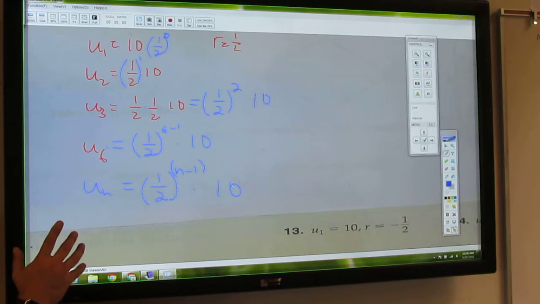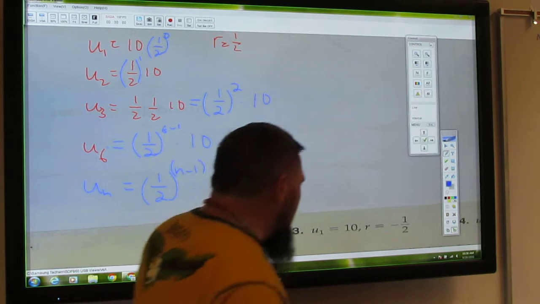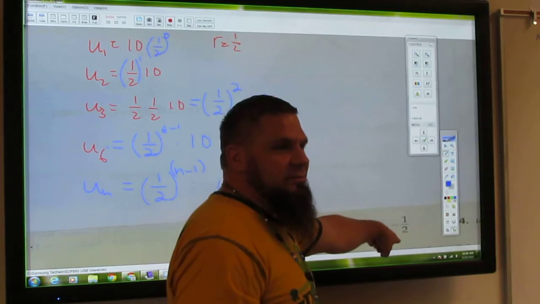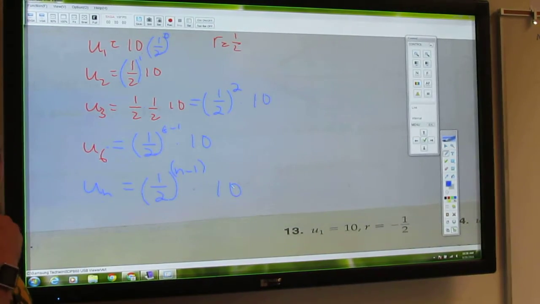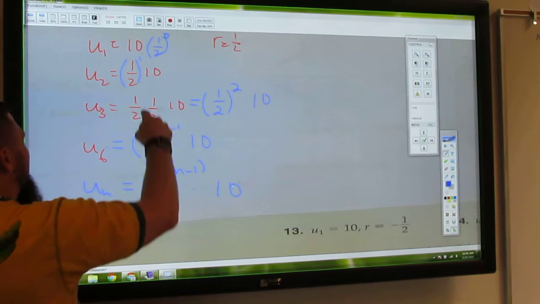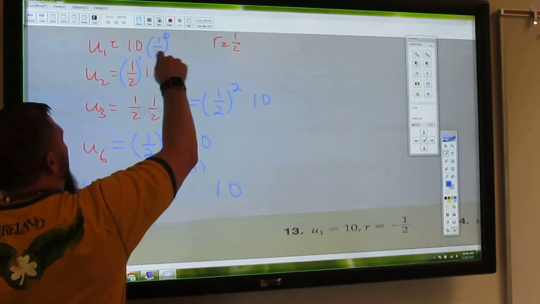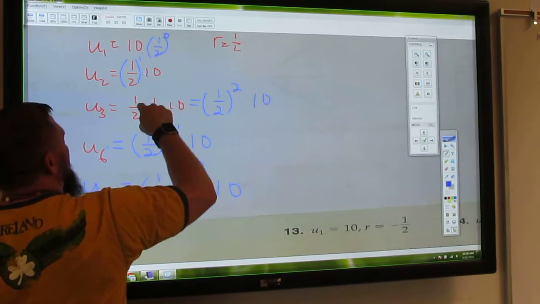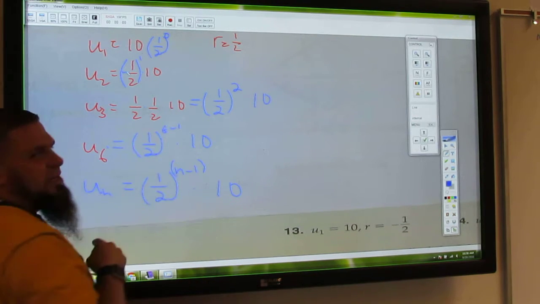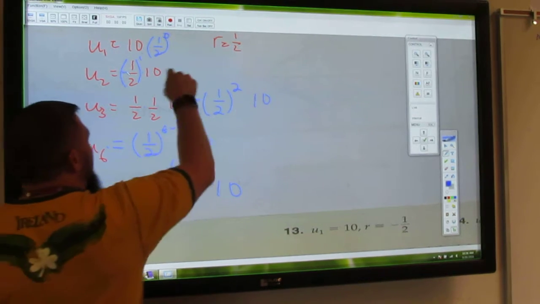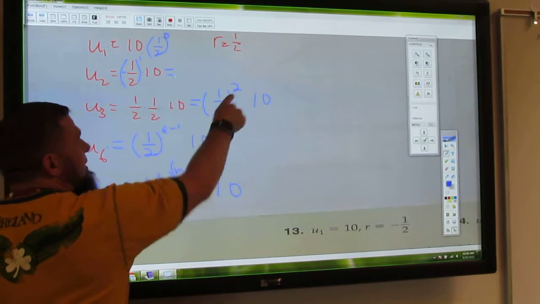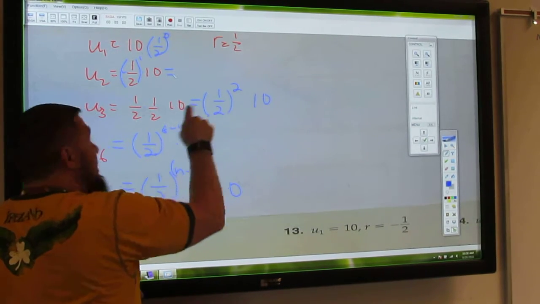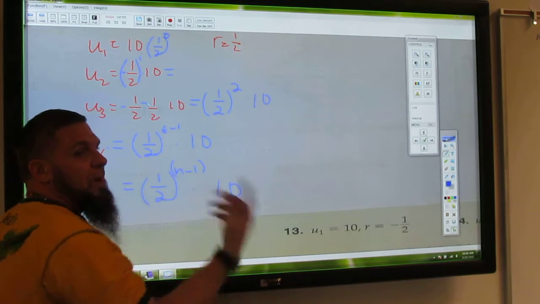These are all negatives, so that makes a big difference now, doesn't it? Because this means that for every odd, if this is a negative, then this is going to equal a negative, and for every even, this is going to equal a positive.